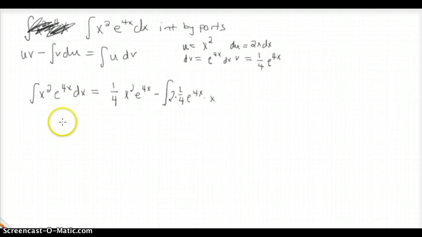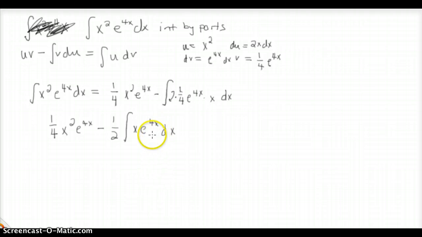Okay, so we simplify a little bit, and we come out with 1/4 x squared e to the 4x minus, well, we know that 2 times 1/4 is a half, and we get x e to the 4x dx. Sorry, that should be up here as well too.